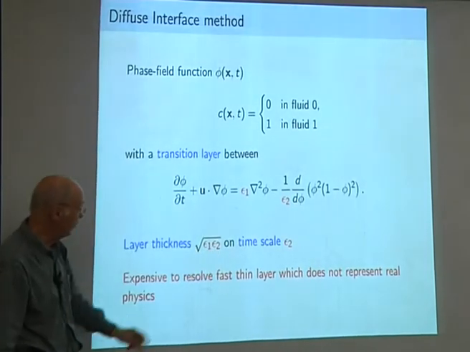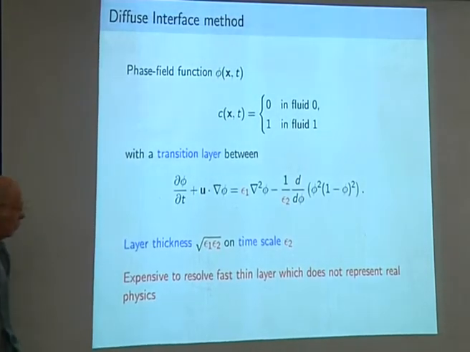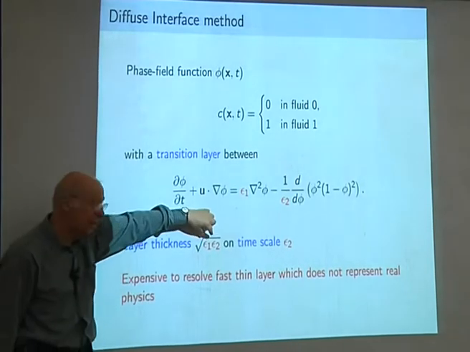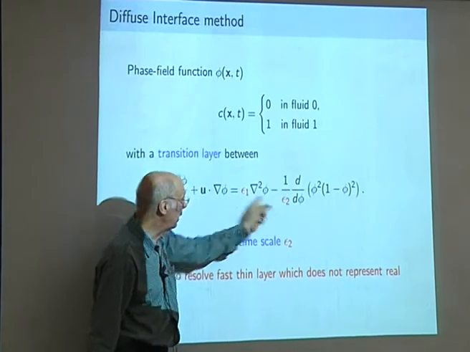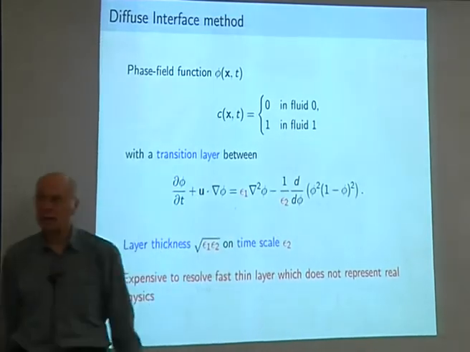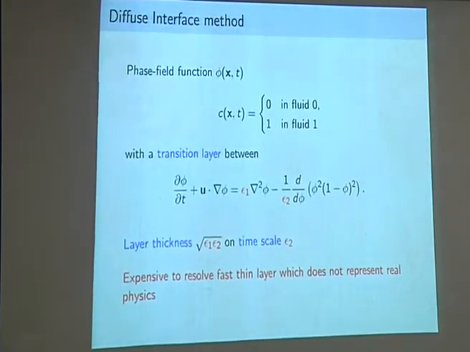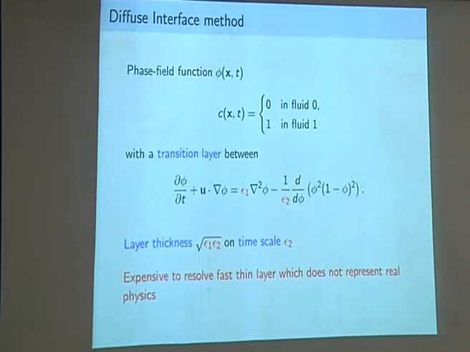There's a boundary layer of thickness the square root of epsilon 1, epsilon 2. So we can keep this boundary layer thickness small. And there's a very fast time scale of being driven, which is a time scale of epsilon 2.